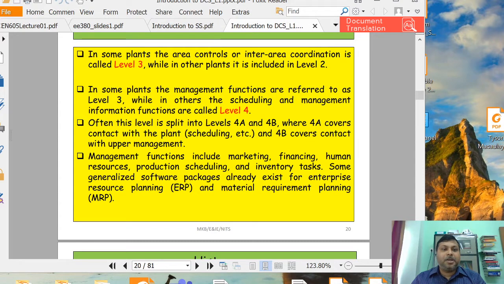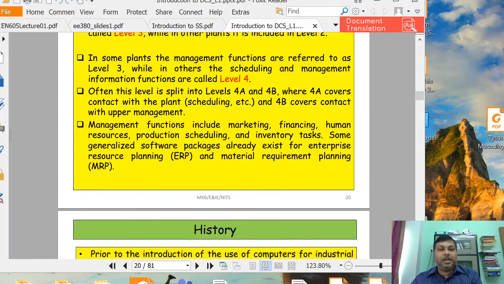So this ERP, MRP, all these things should be done by a set of computers. So that's why it is required to know what the control hierarchy present in the plant is. It is divided into four levels: level 1, level 2, level 3, and level 4, and we have understood what work must be performed by a set of computers sitting at level 1, level 2, level 3 and level 4.